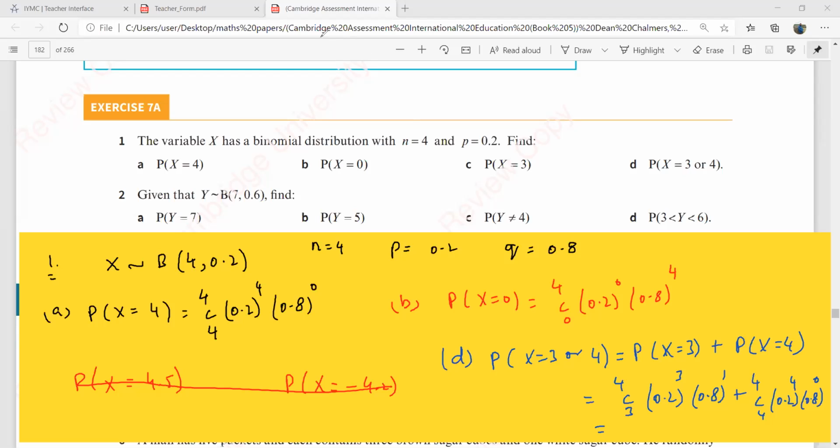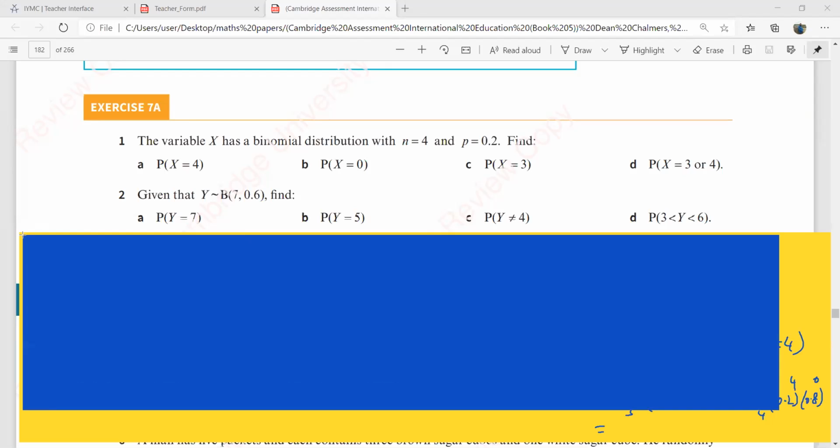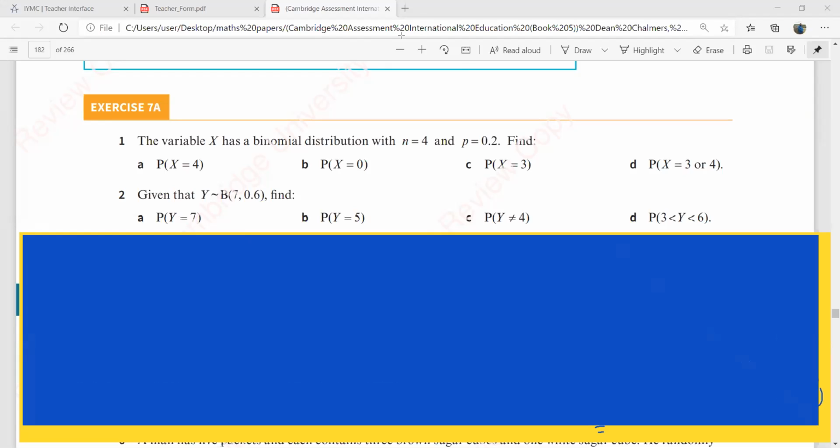So I can show you the solution of one of the parts from the second question. You see in the second question, it says you're given that this Y is binomially distributed with N as 7 and P as 0.6. Okay, so this N is 7, P is 0.6.